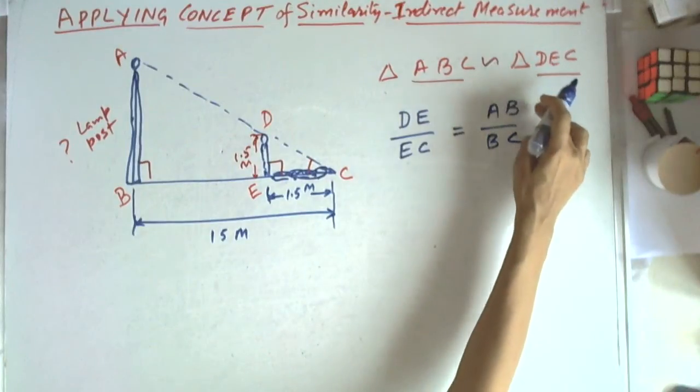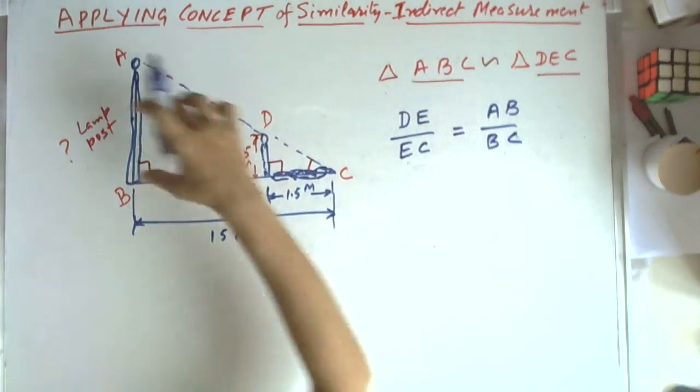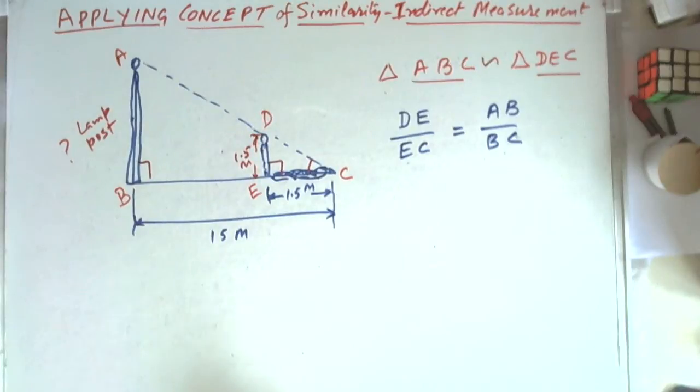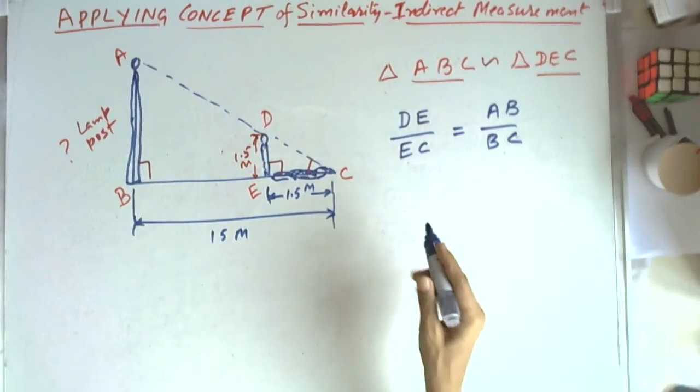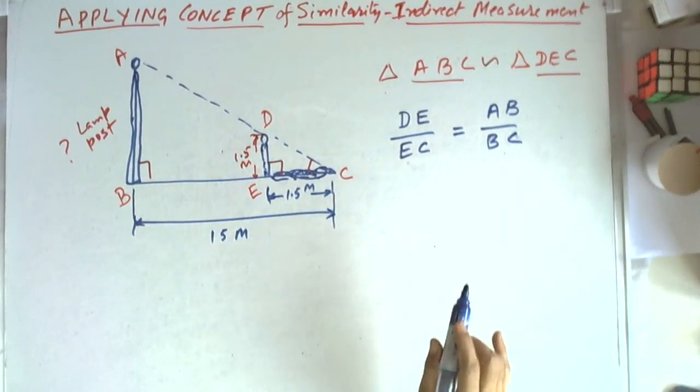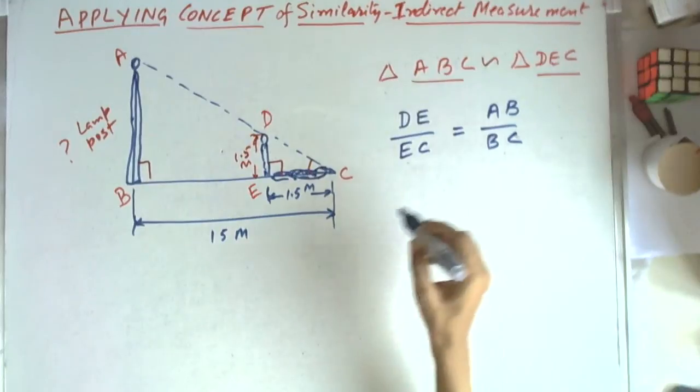This is again the vertical height and the base, side over base. What we don't know is AB. So we can substitute the known things and then we can find the unknown which is AB.